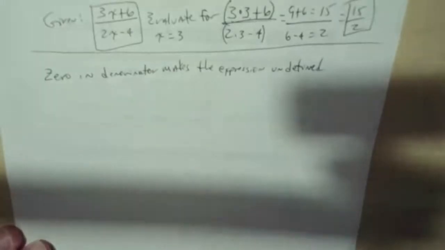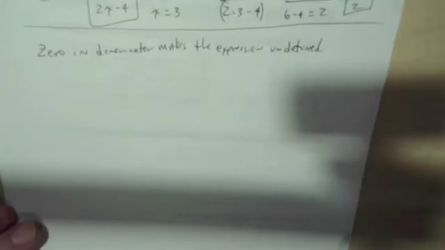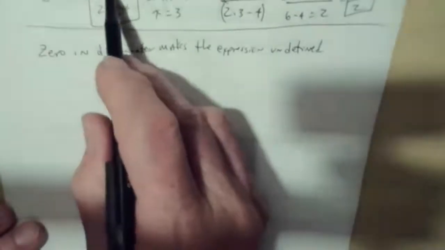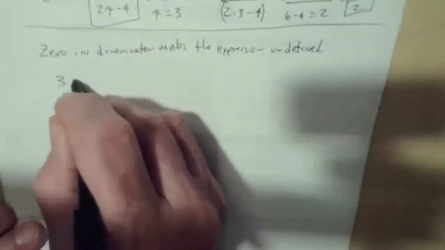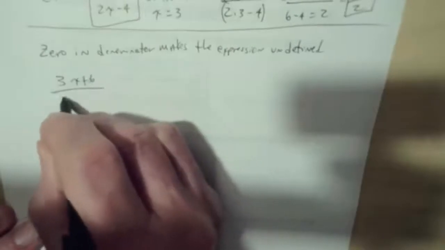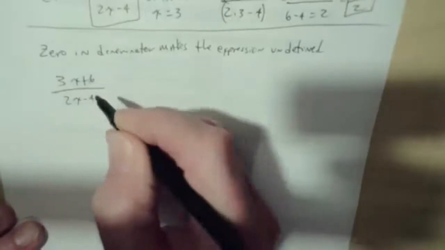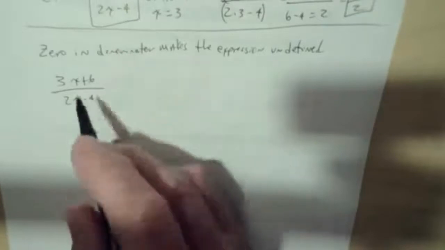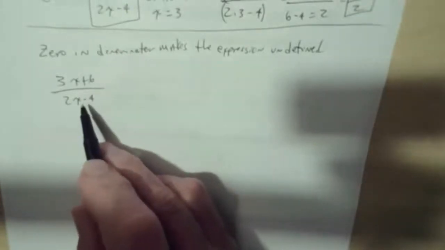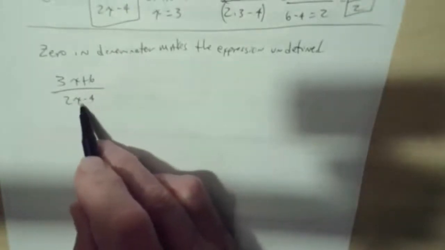So if we have this same expression here, 3x plus 6 over 2x minus 4, what would make this expression undefined? What would x equal to make this undefined?